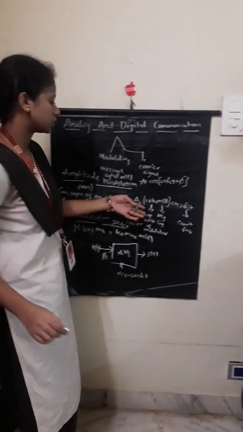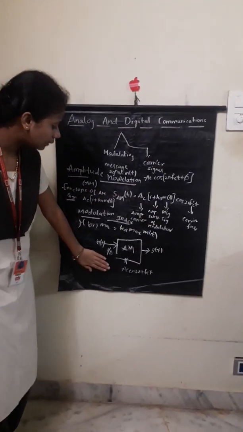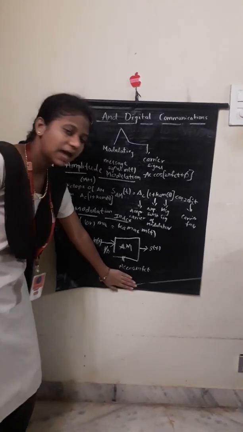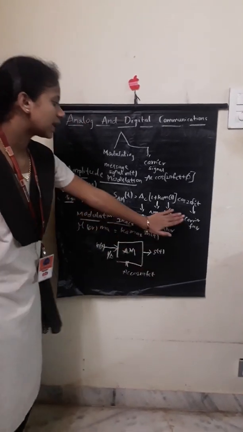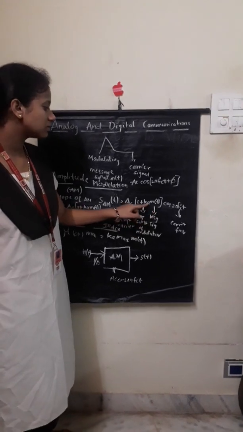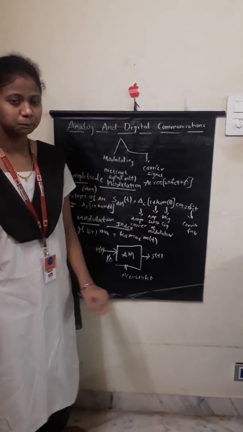That is the basic expression we get from the message signal and the carrier signal: s(t) equals Ac into (1 plus Ka m(t)) into cos 2π fc t.